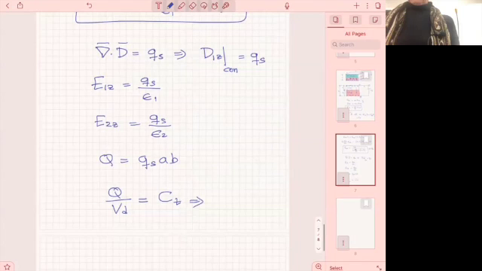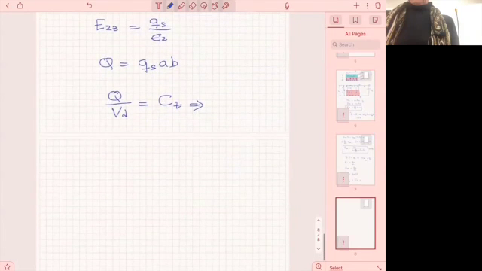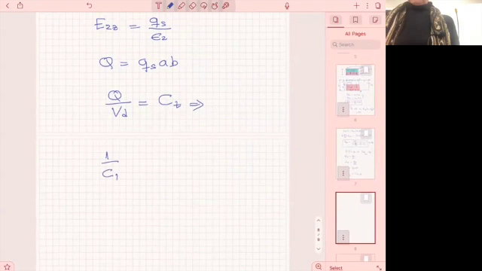If you assume one dielectric is one capacitor and the other dielectric is another capacitor, you will find that 1 over C sub T is equal to 1 over C1 plus 1 over C2. We will see that in detail. So you can prove using the electric fields that if you put two capacitors like this, it's like a series. We're also going to show the parallel next time, and then you can have other combinations. But this is only on the basis of the electric field.